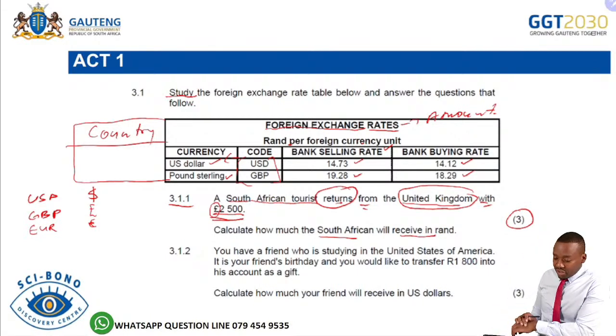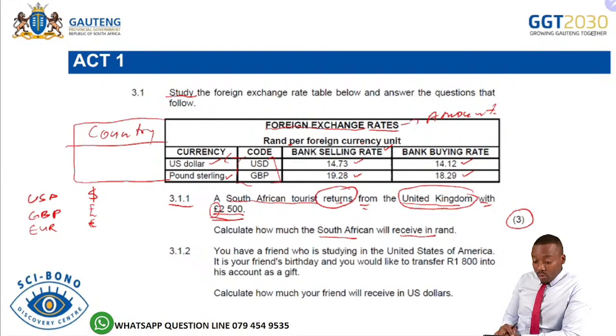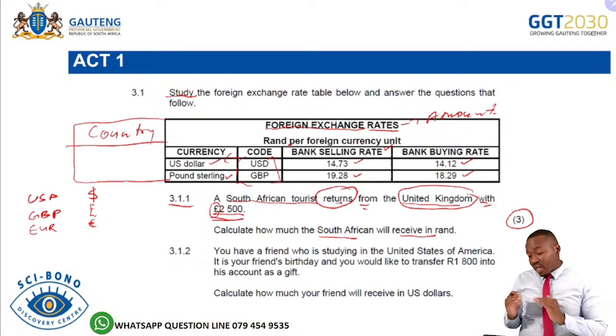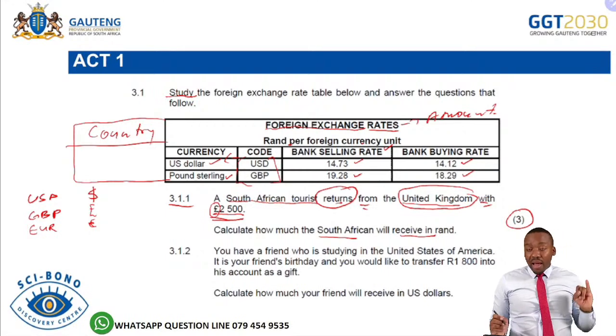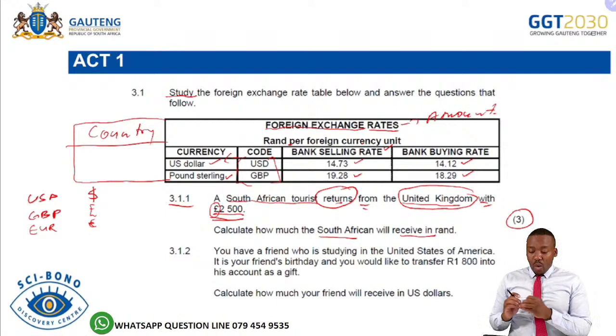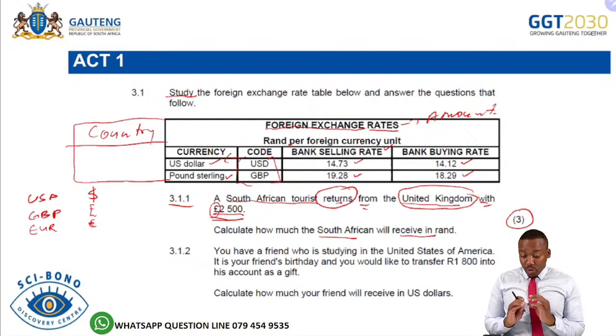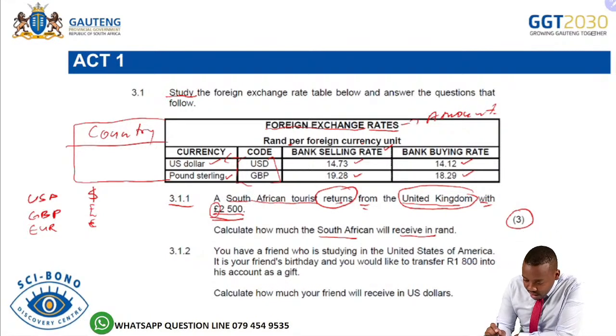Let's analyze this question. Now the learner will be confused. Will the bank charge this person using BSR? Or will the bank charge this person using BBR? That's what you must ask yourself. Am I dividing or am I multiplying? But when you read your scenario carefully, you will know. Let's check. Number 1, what happens if a South African returns from the United Kingdom with pounds, right?